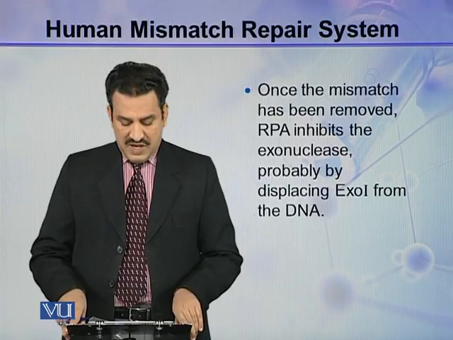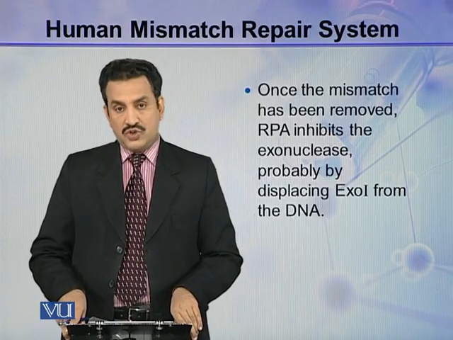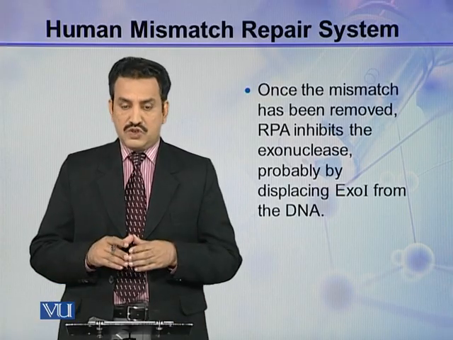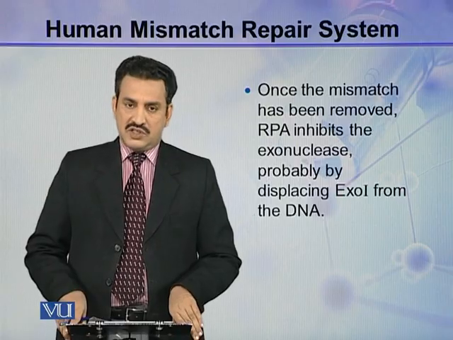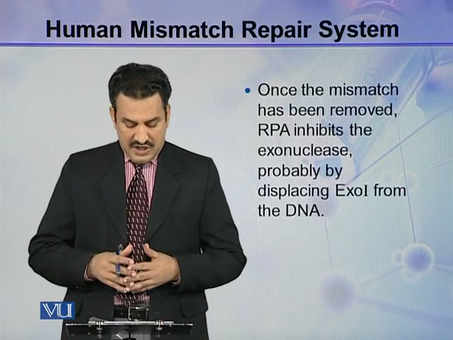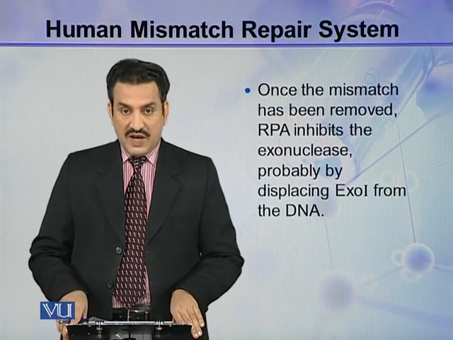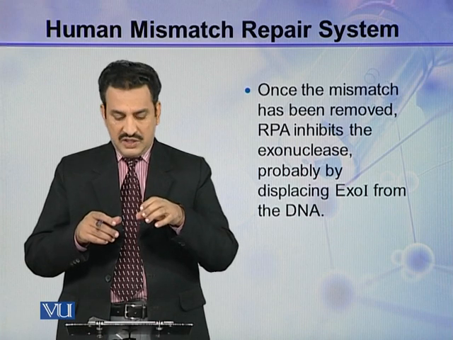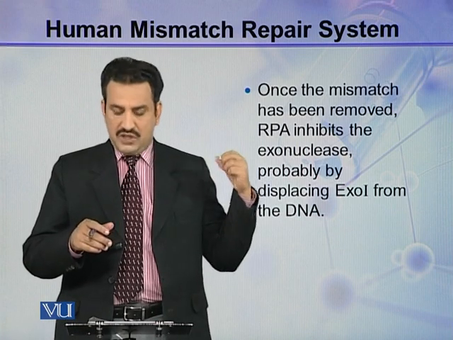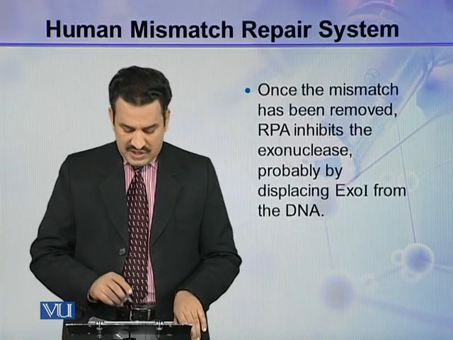Once the mismatch has been removed, RPA inhibits the exonuclease. So when the mismatch is removed, this exonuclease is inactivated, probably by displacing Exo1 from the DNA. So Exo1 is displaced from the DNA, and in this way RPA inhibits the exonuclease.